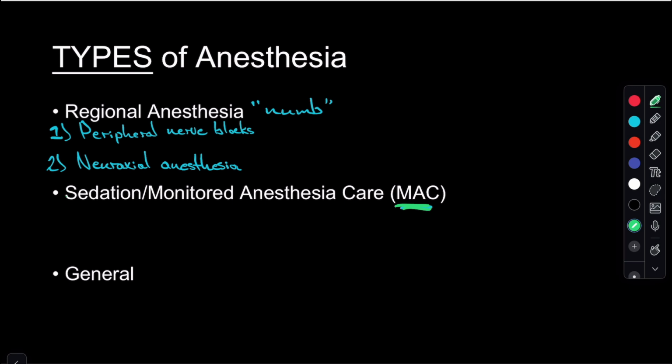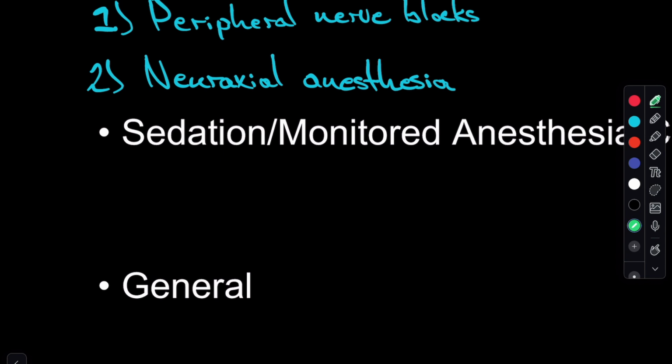Part of the reason that it is such a broad definition is there's multiple different levels of sedation. And this kind of gets into the continuum because as you increase sedation, you move into general anesthesia. But I think this would be an appropriate place to discuss the different levels of sedation. So the first being minimal sedation.